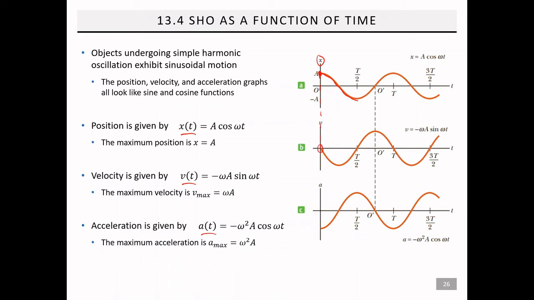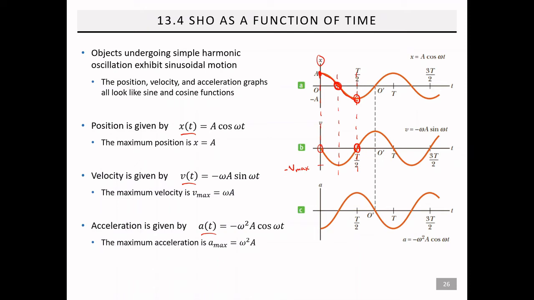We know that when the object gets to the equilibrium position, this is when the object should have its maximum velocity. And in this case, it does have its maximum velocity, but it is negative. And then third, when the object gets to the second amplitude position, the left amplitude, the object again has 0 velocity.